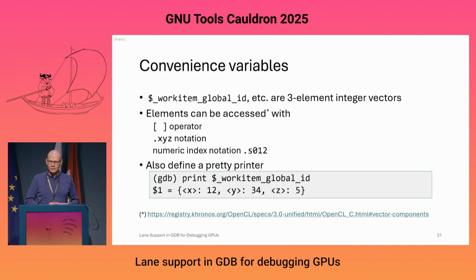In GDB, if you switch to OpenCL, as Pedro pointed out, then these vector types are already defined and recognized by GDB, and you can access their elements using the bracket operator, or there is the .xyz notation to access the elements of a vector, or even .s and then the index notation.